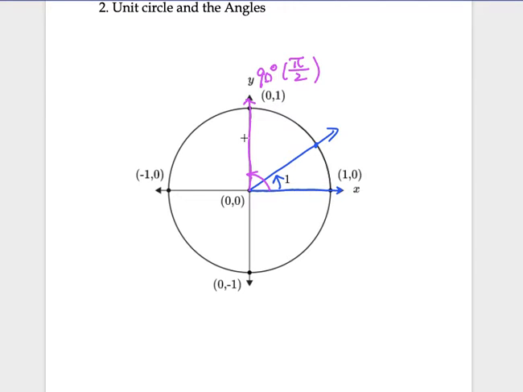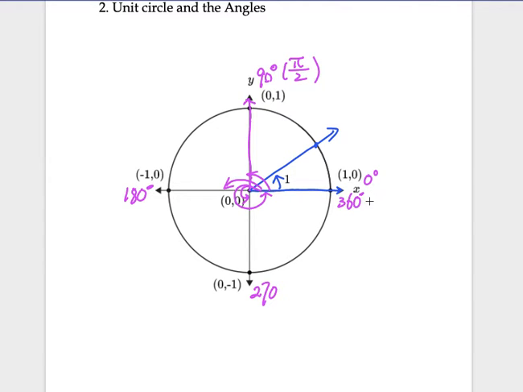Following this idea, if I continue rotating, this one is going to be 180 degrees, right? And I can continue. This one will be 270 degrees. And let me go on until I get back to a whole circle. This is going to be 360 degrees. And this is also where we started: 0 degrees.